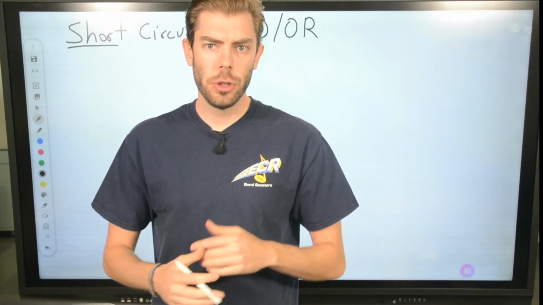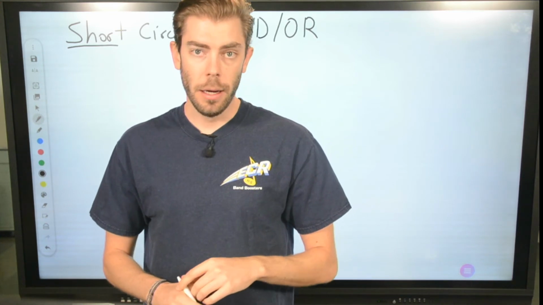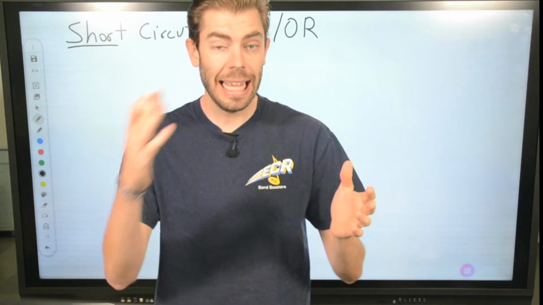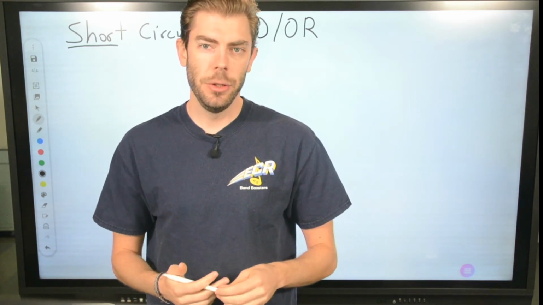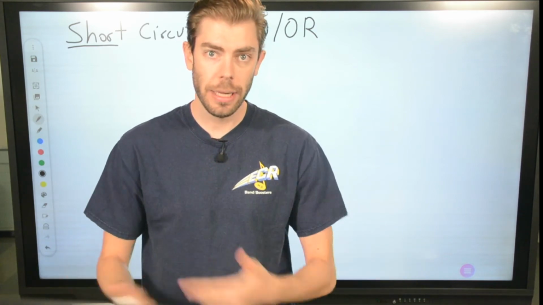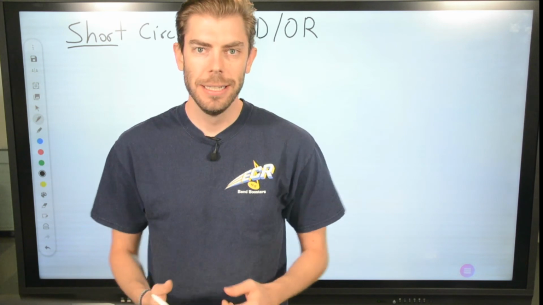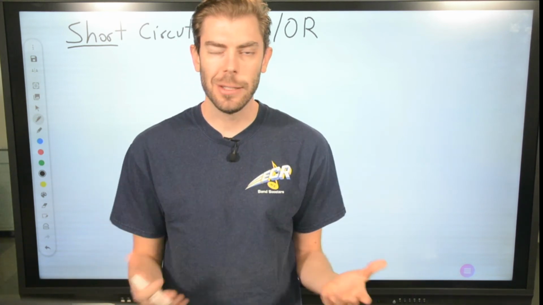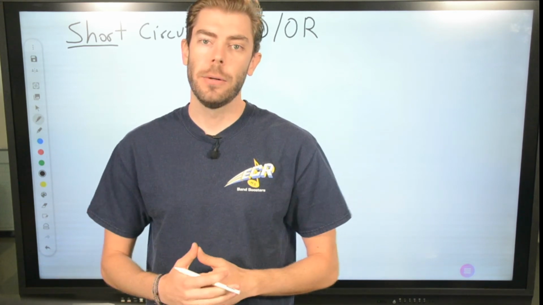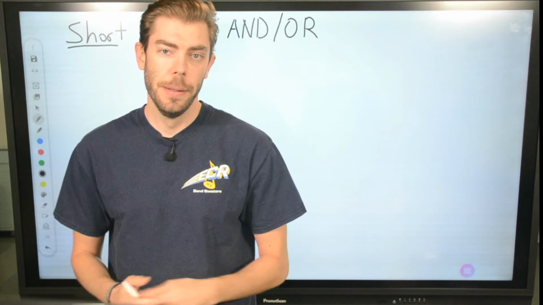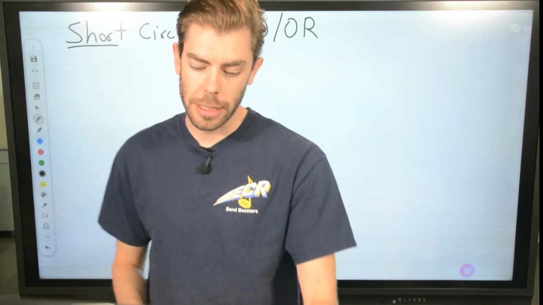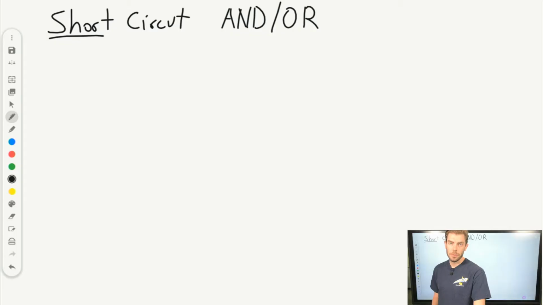Conversely, if I told you that getting a good grade in this class took both being in class and doing well in your assignments, and you didn't show up to any of the classroom lectures or any of the virtual lectures here, you would already know that your grade is not going to do well, so you wouldn't bother with the assignments. Now, of course, we know that we are going to be doing the assignments and we're showing up regardless of that. But that kind of logic is what Java uses for and or short circuiting.